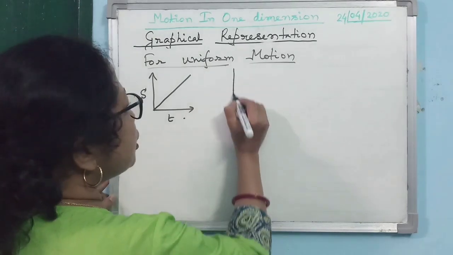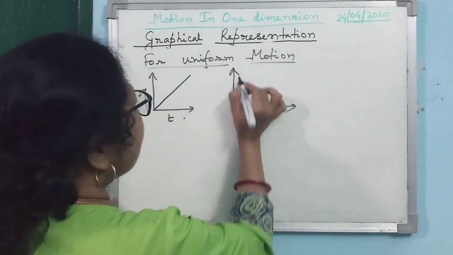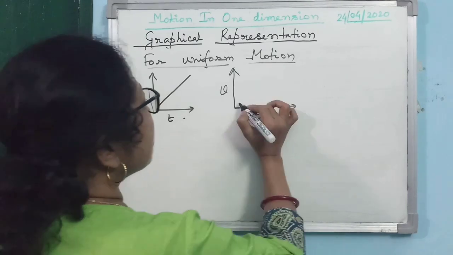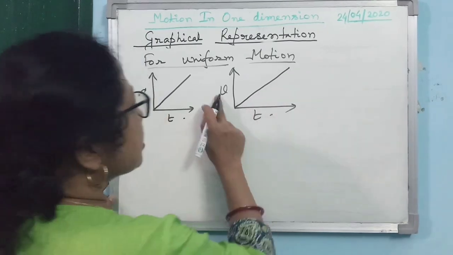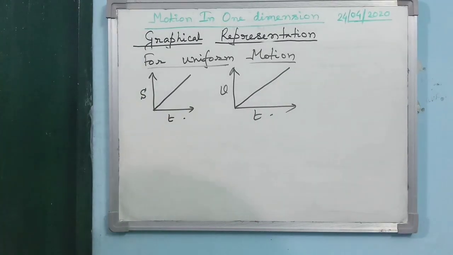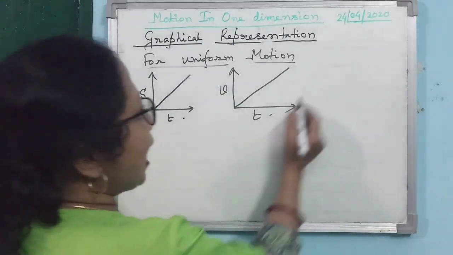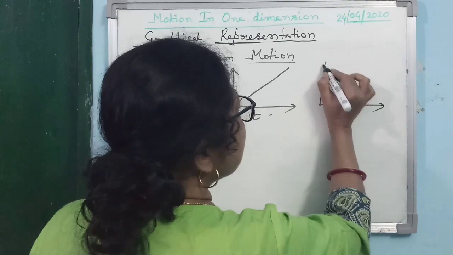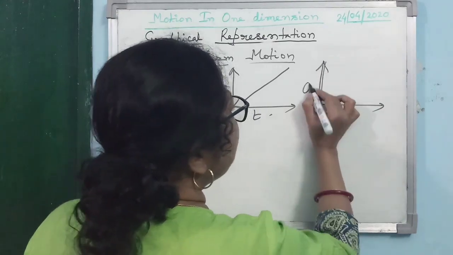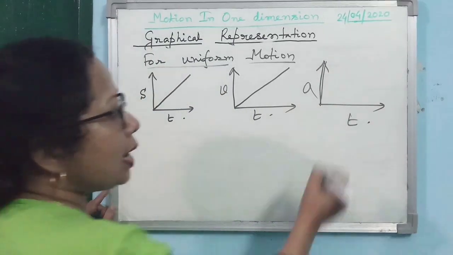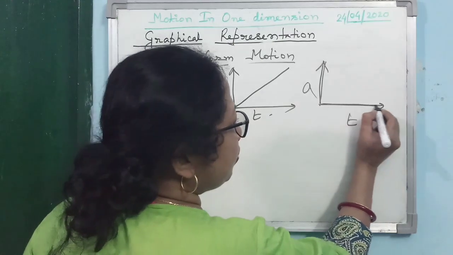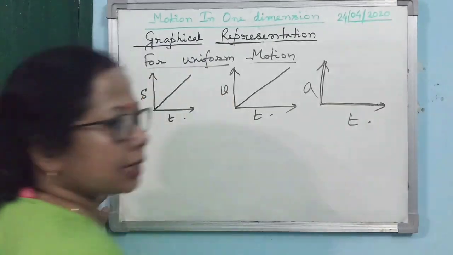For uniform motion, what will be the velocity time graph? The velocity time graph will be a straight line passing through the origin. Then for uniform motion, acceleration is 0. So if it is asked what the acceleration versus time graph will be, it will be the time axis itself.